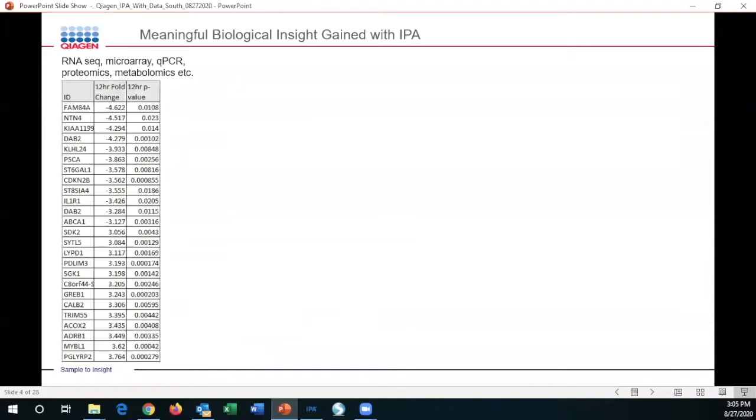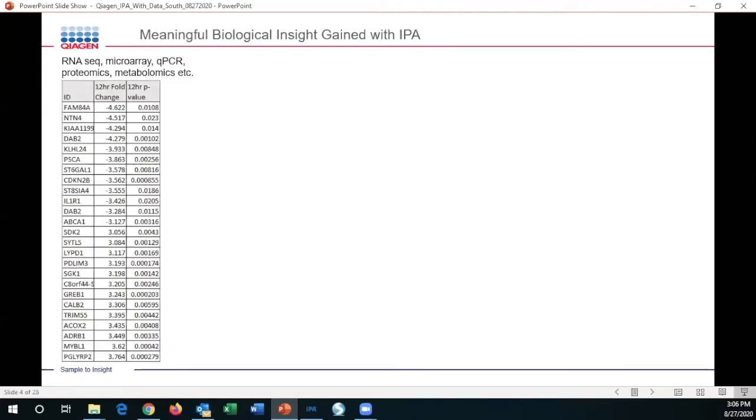The key thing for those of you who have worked with IPA, you know that the data that we take in as our starting point for analyzing a data set is not a matrix of gene expression or FASTQ files from RNA-seq data, but rather the results typically of a statistical analysis, where we have a study using RNA-seq, proteomics, metabolite data, or even phosphoproteomics, where we're doing some kind of comparison of an experimental group relative to a control group.